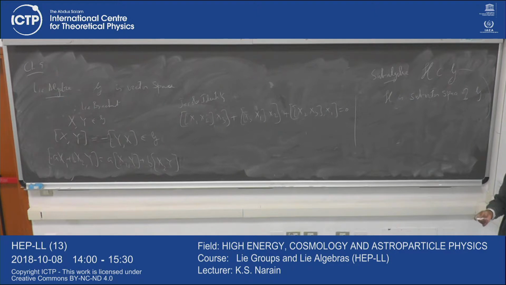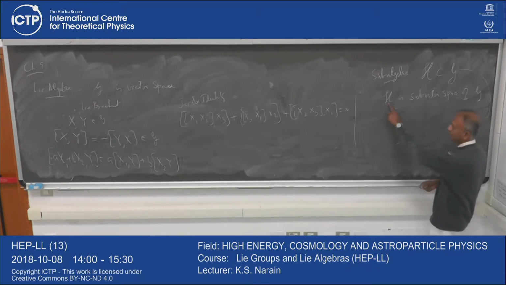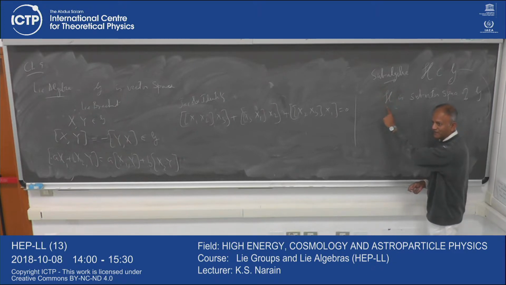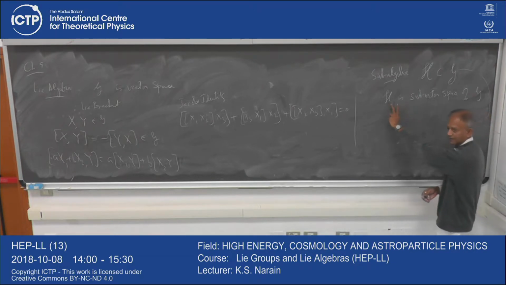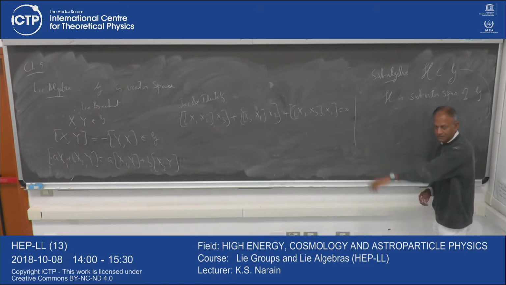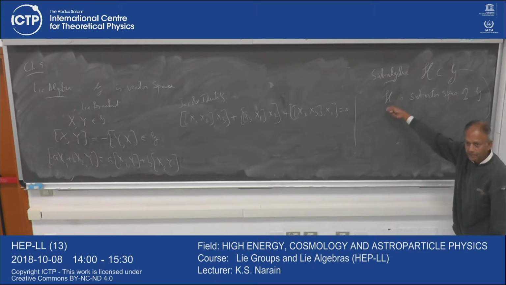So if I take any two elements of H and add them up, I should get back an element of H. Surely it will be an element of G, but you need to make sure that it's also an element of H. Or multiply by a number, it should again be back in H.